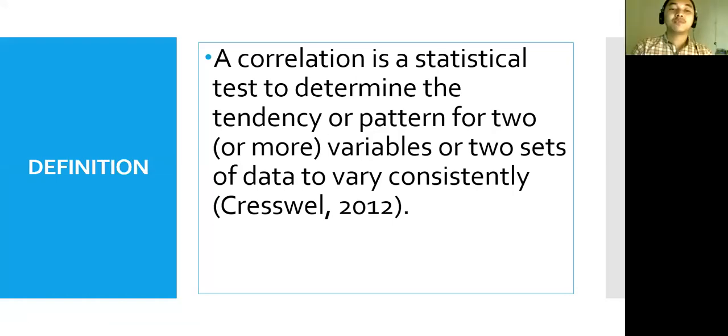We go to the first part, that is definition. As stated by Creswell in 2012, a correlation is a statistical test to determine the tendency or pattern for two or more variables or two sets of data to vary consistently.